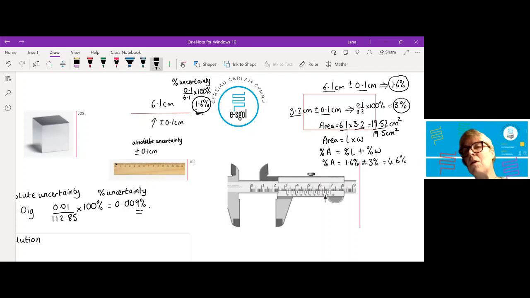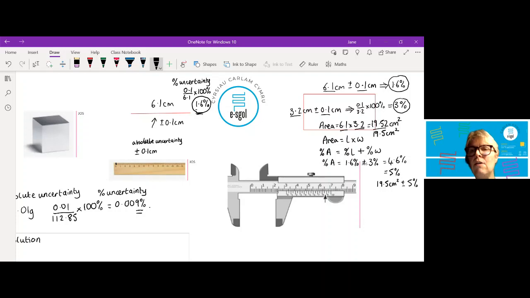But it doesn't start with a 1, so I can round that to one significant figure, so that's 5%. So I can quote this now, 19.5 centimetres squared plus or minus 5%.